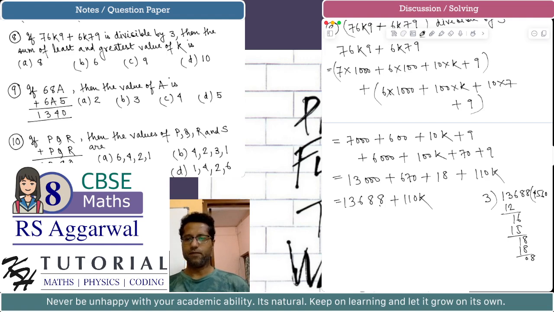So the quotient is 4562 and the remainder is 2. The remainder is 2.